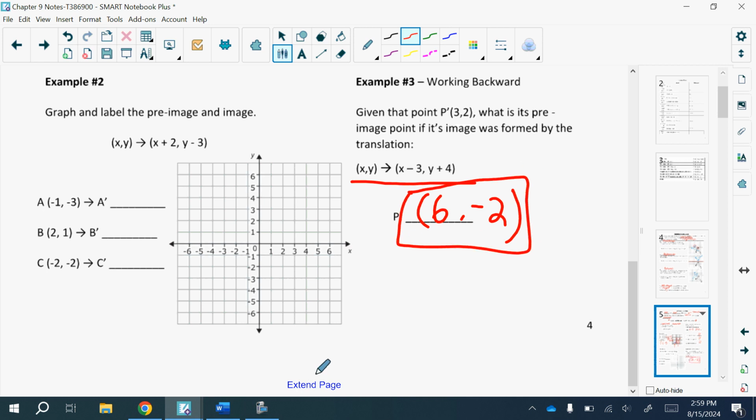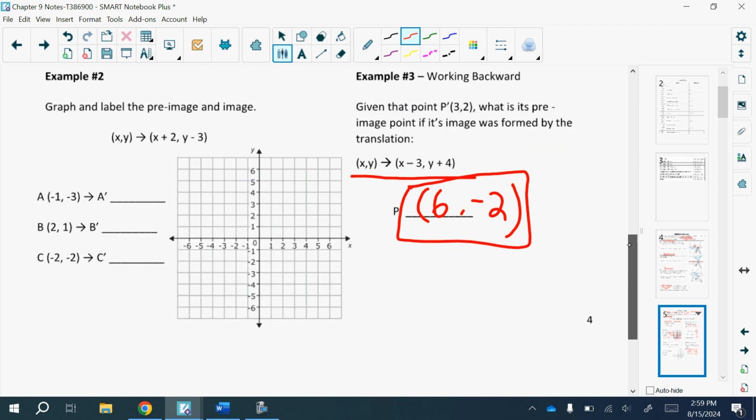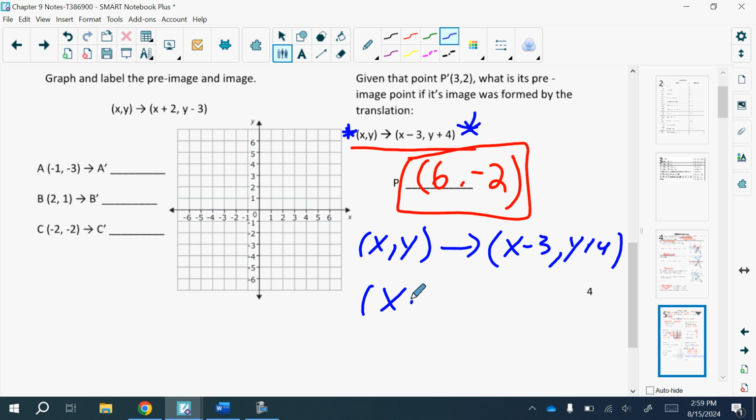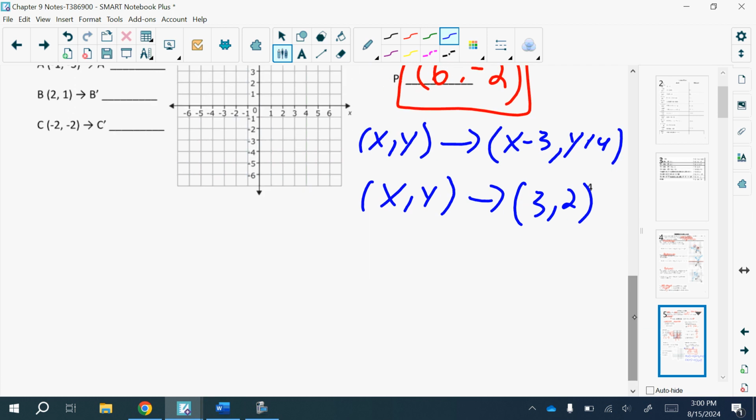Now, if you wanted to formally set this up, which is not necessary, but it might make it more clear for someone, I'm just going to rewrite our rule real quick here. Okay, so we went from some x, y, and our image is 3 comma 2, right?